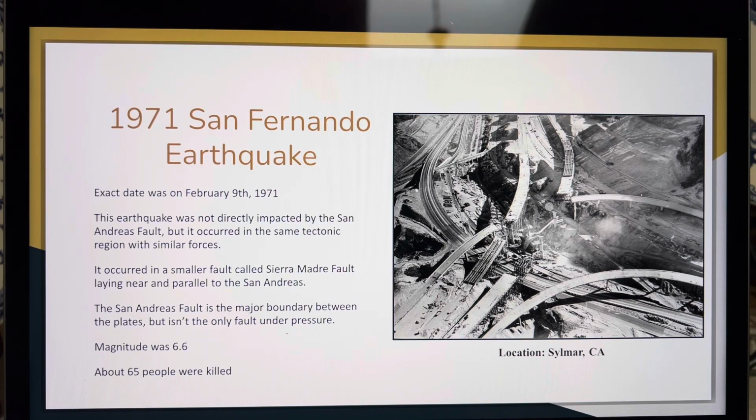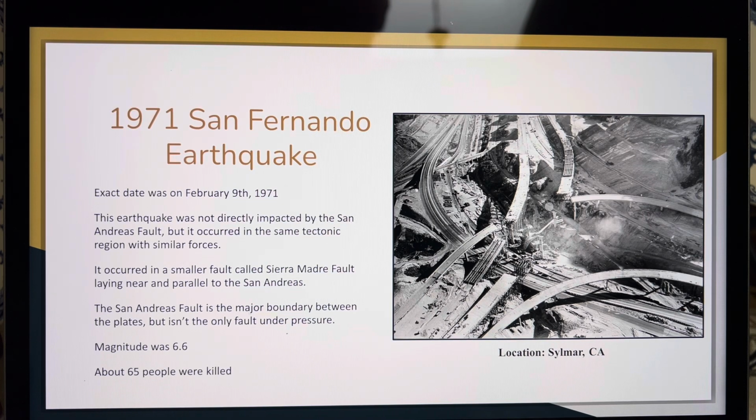Then the 1971 San Fernando earthquake, which occurred on February 9th. This earthquake was not directly caused by the San Andreas Fault, but it occurred in the same tectonic region with similar forces. It occurred on a smaller fault called the Sierra Madre Fault, near and parallel to the San Andreas.